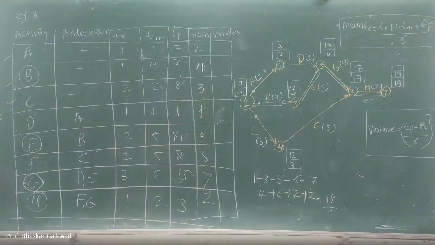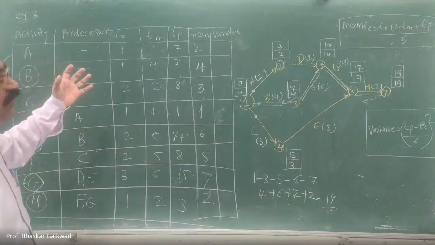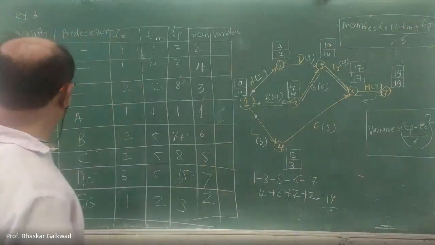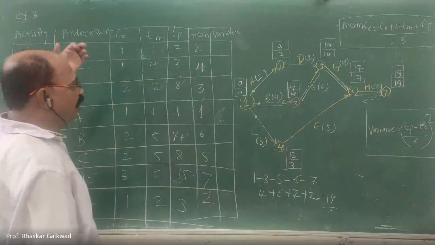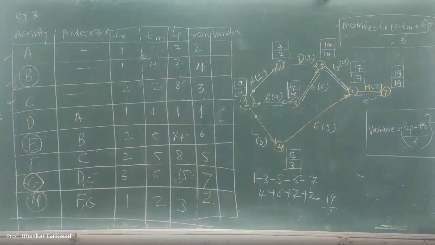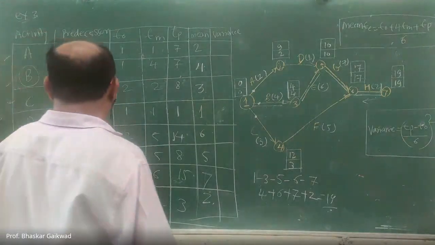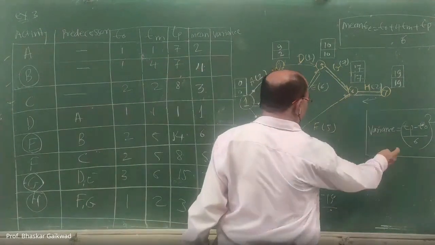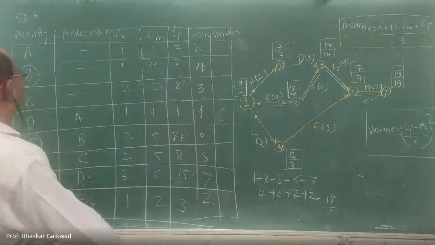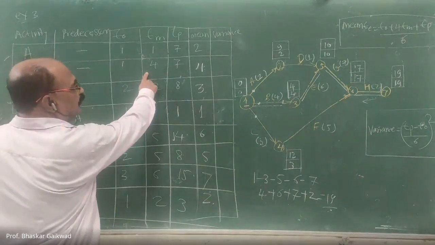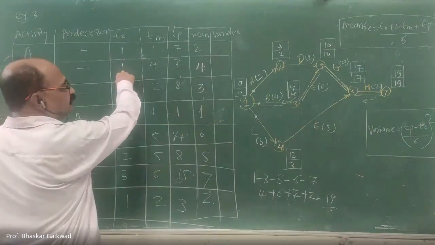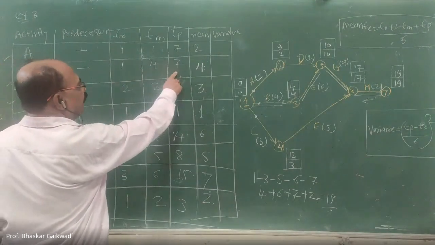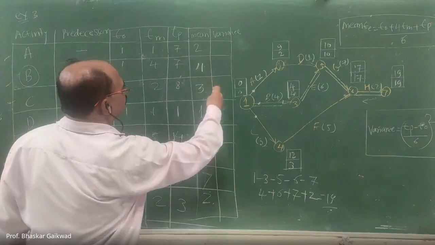So whenever a calculation-time problem is there, you only have to calculate variance for these activities. So how to calculate variance for these activities? This formula you have to use. For B activity, TP is 7, 7 minus 1, 6, divided by 6, bracket square.